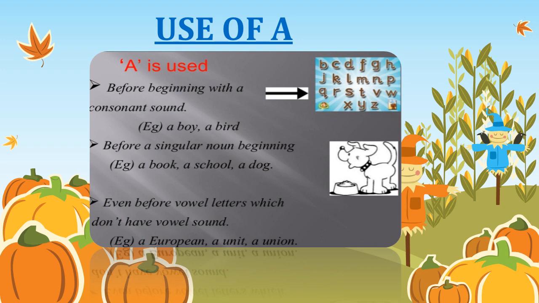The word begins with a vowel letter, but the sound here comes of the word U, Y-O-U, and the word Y-O-U begins with a consonant letter Y. So children, keep in mind whenever you come across some words which begin with vowel letters but the sound comes of a consonant letter, then we have to use A.